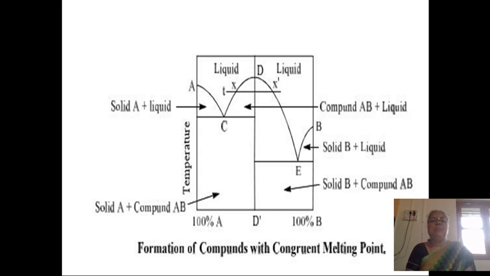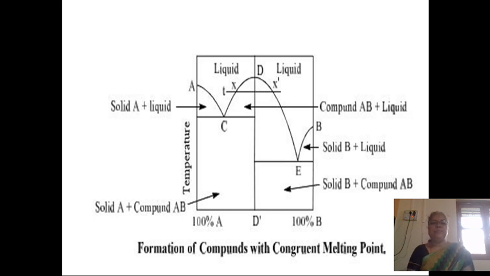That means the composition of solid and the melt, that means its liquid formed at its melting point, is the same. All such melting points are called congruent melting points.